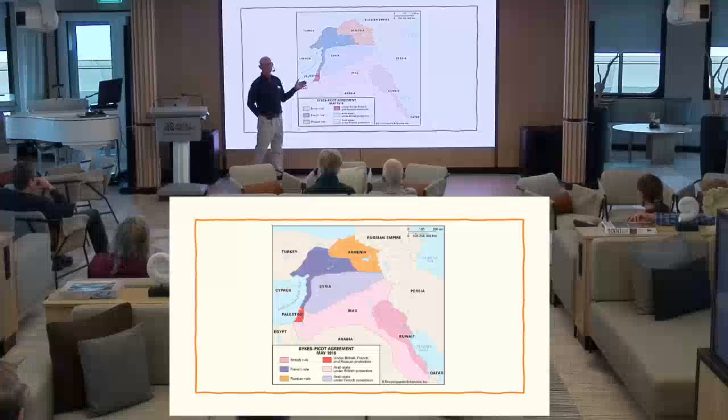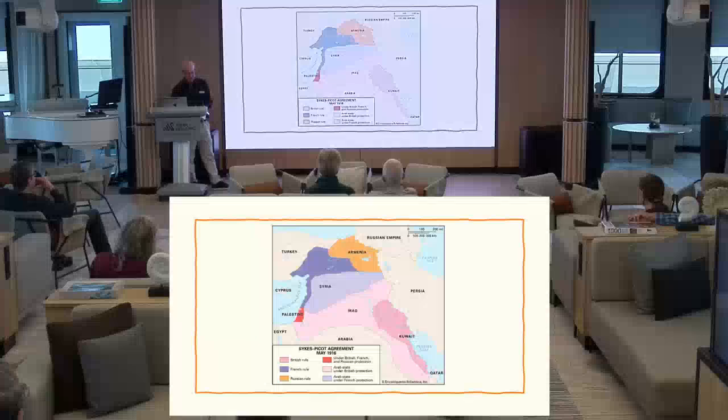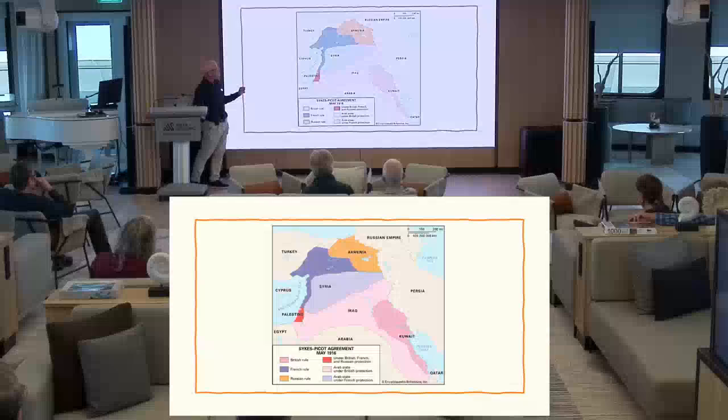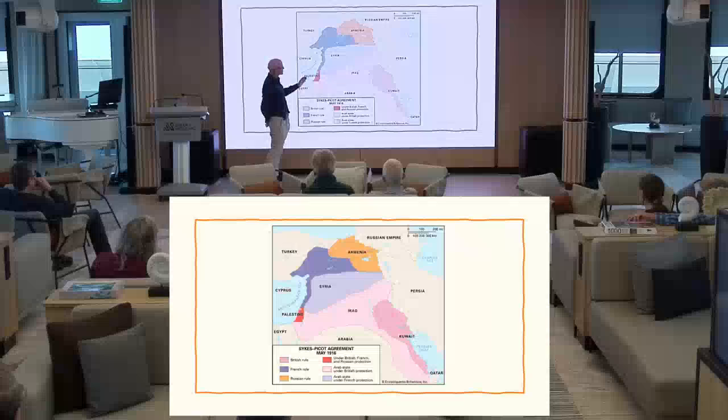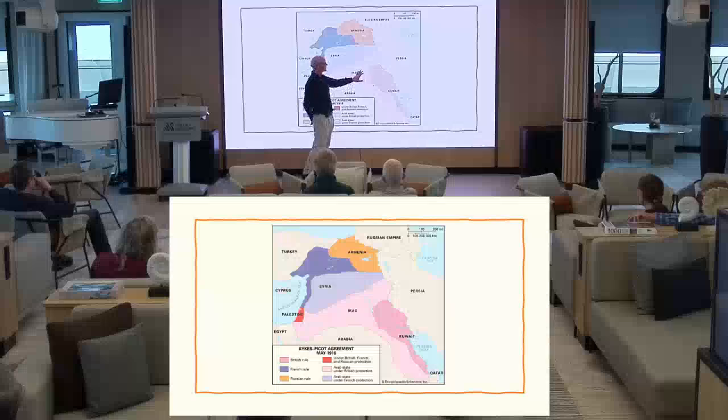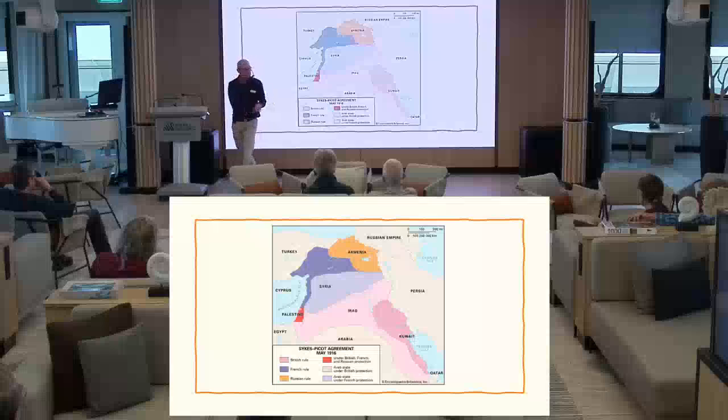This is effectively the carve-up of the Middle East that the French and the British agreed in the middle of World War I, while they were at loggerheads in other parts of the world. They then effectively made sure that after the war they would maintain or increase their control of these regions.